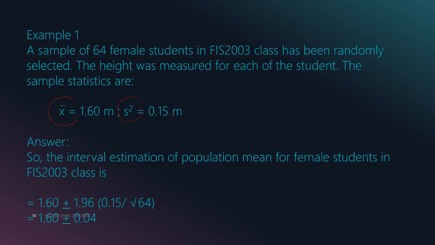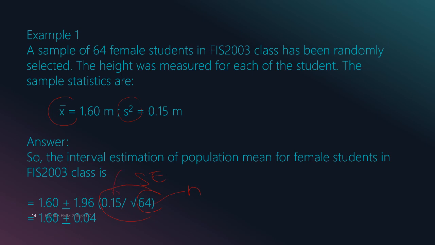So the interval estimation of the population mean for female students in the class is 1.6 plus minus 1.96 times 0.15, which is the standard deviation, divided by the square root of 64. 64 is the n.